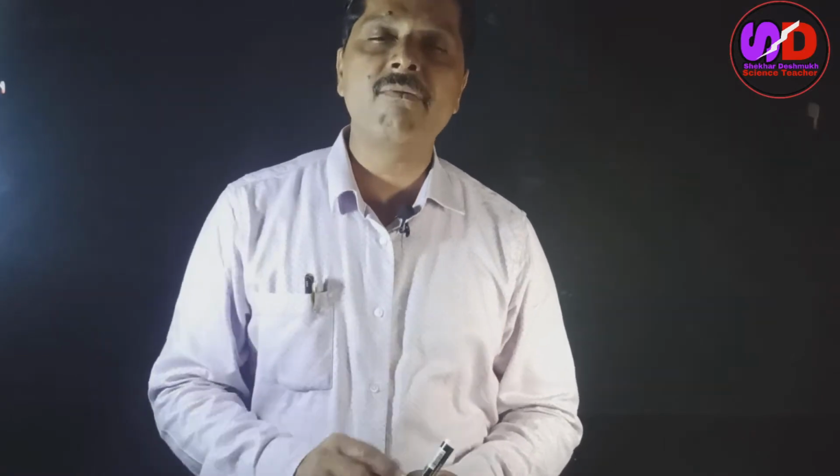What type of magnetic field is produced in it? That is what we are going to discuss today. That means if current is flowing through a circular loop, how the magnetic field is produced, what is the strength of that magnetic field, and on which terms the magnetic field depends.